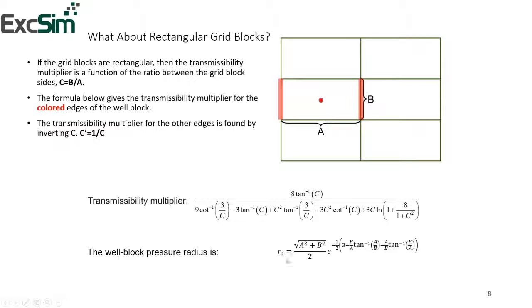And also you use the correct wellbore radius in a rectangular grid block, which is specified here. This radius, of course, is, as you could expect, symmetrical in A and B, because there's only one radius.